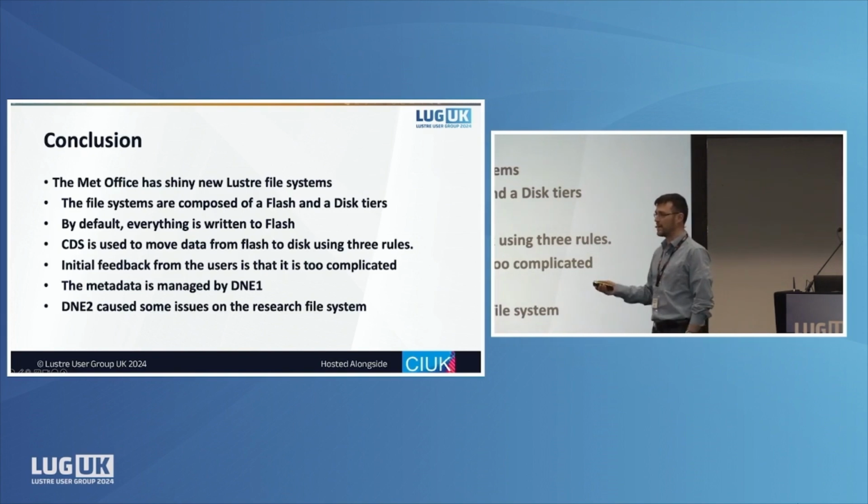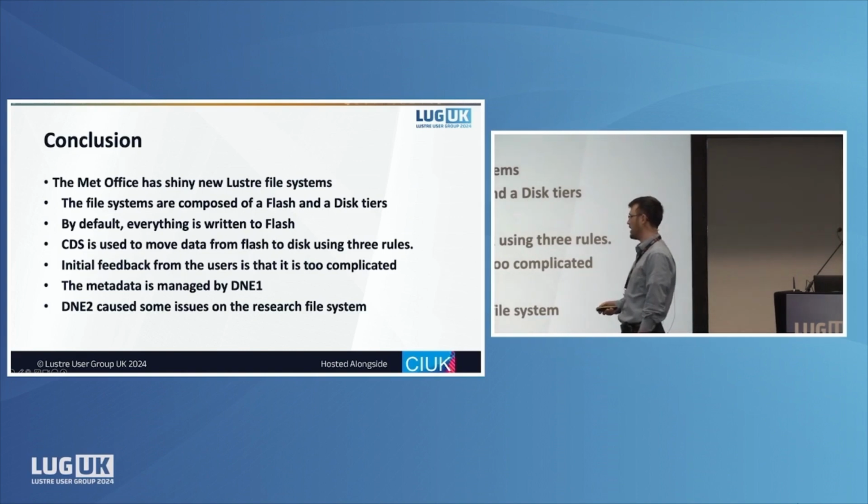Everything on paper looks great. We will have to see what's happening in real life. That's why we are looking at progressive file layout. The initial feedback is that users find it too complicated. We're sorry. And the metadata is all managed by DNE1 because DNE2 caused issues on the research file system.